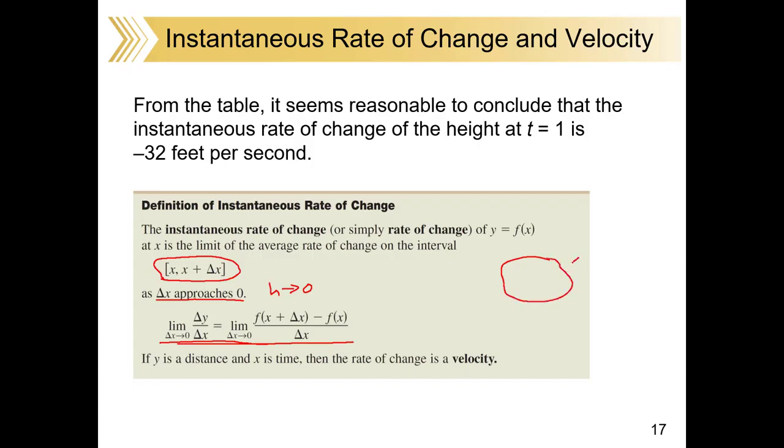So the secant we've got, if this is the point we're really interested in, as we let this point go closer and closer to the point of interest, our secant will be closer and closer to the actual tangent line. And that's what we're doing.